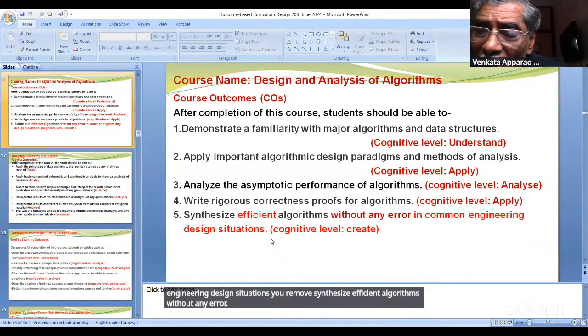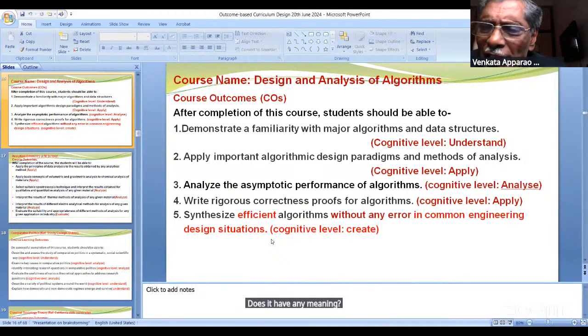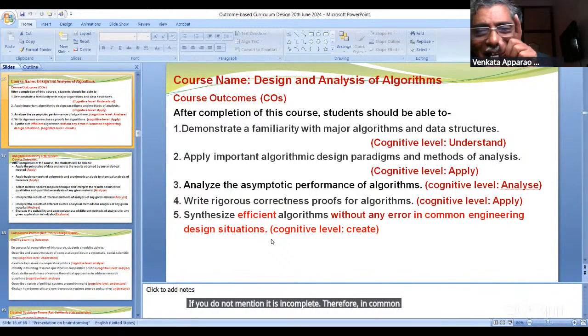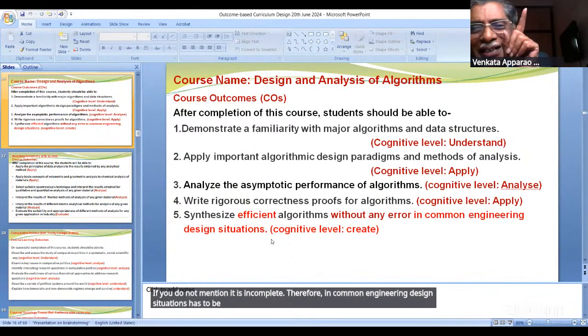Does it have any meaning? What for do they design efficient algorithms? For what application? For what purpose? You have to mention that. If you do not mention, it is incomplete. Therefore, in common engineering design situations has to be mentioned. Condition part has to be mentioned.